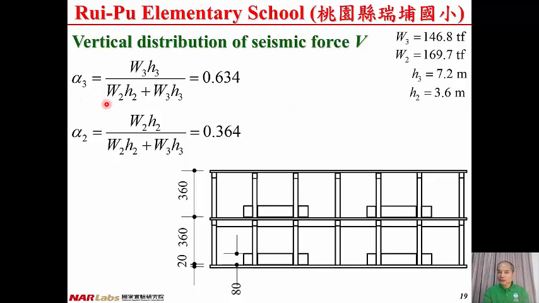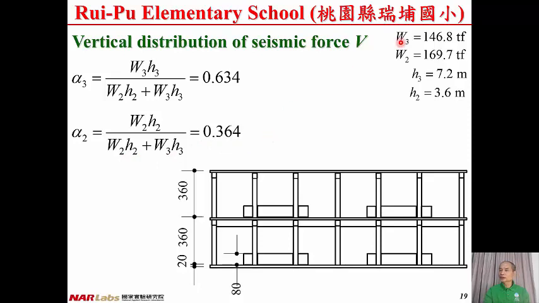Alpha 3 is the vertical distribution of the seismic force to the roof, equal to W3H3 divided by W2H2 plus W3H3, equal to 0.634. And for the second floor, alpha 2 is equal to W2H2 divided by W2H2 plus W3H3, equal to 0.364.